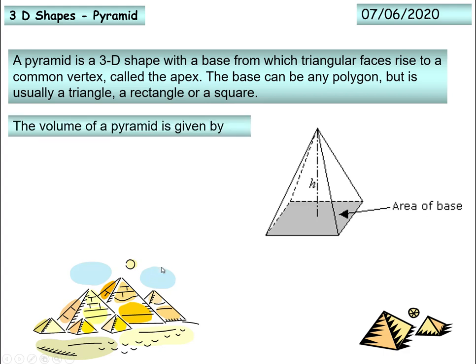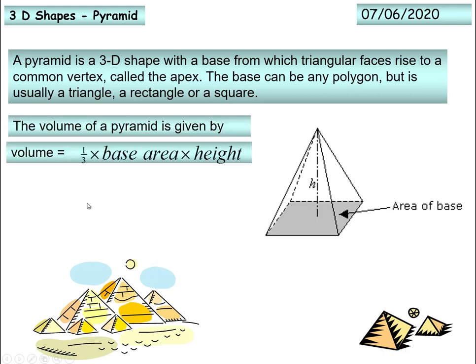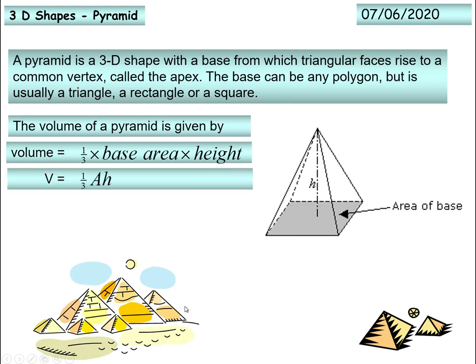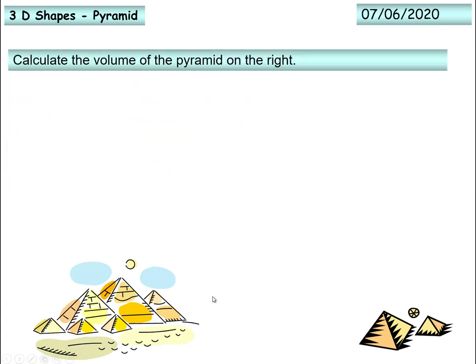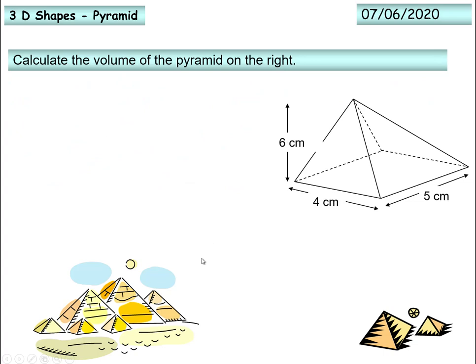The formula for the volume of a pyramid is given by 1/3 of the area of the base times the perpendicular height. So 1/3 of the area of the base times the perpendicular height of the pyramid. You can write 1/3 area times height. So here's our pyramid.